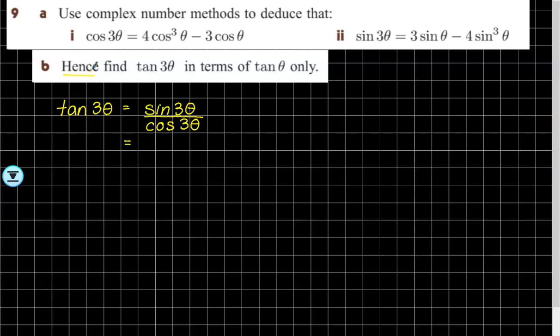Now, clearly, what can we see above? We've got sine 3 theta, we've got cos 3 theta. So let's slap it in. 3 sine theta minus 4 sine cubed all over.